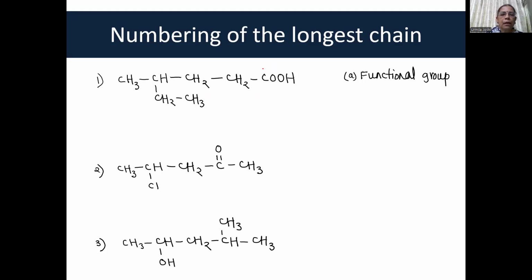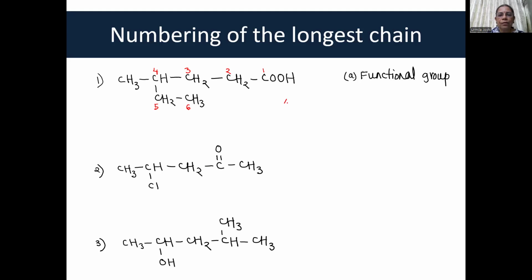How to number? 1, 2, 3, 4, and then 5 in continuation. So 5 and 6. So what is it? It is hexanoic acid. And at 4 position, there is a substituent that is methyl.